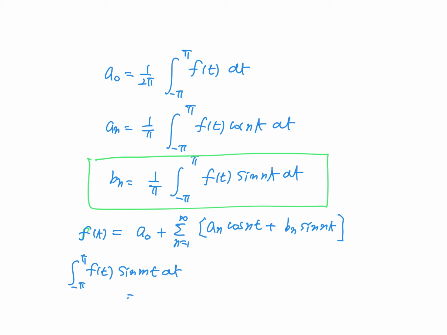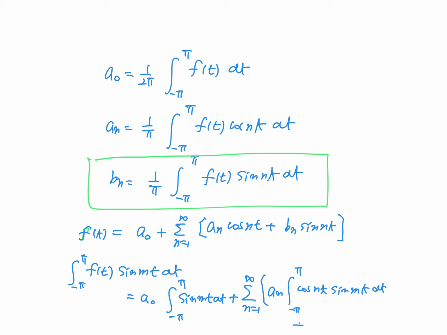Then this is a0 integral of sine mt dt plus a_n integral from minus pi to pi of cosine nt sine mt dt plus b_n integral from minus pi to pi of sine nt sine mt dt.